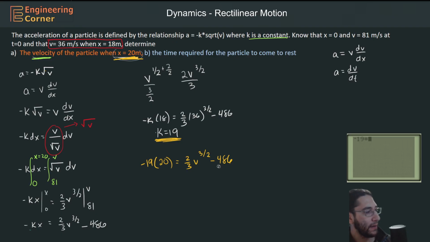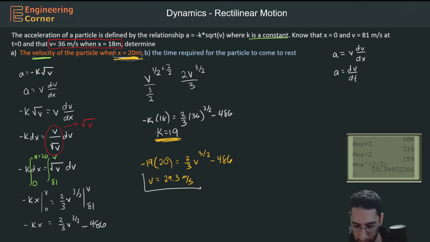Minus 19 times 20. Now we're going to have to add 486. Now we're going to have to multiply by 3, divide by 2, and raise it to the 2/3. And we get a velocity v that's 29.3 meters per second. So that's our velocity.